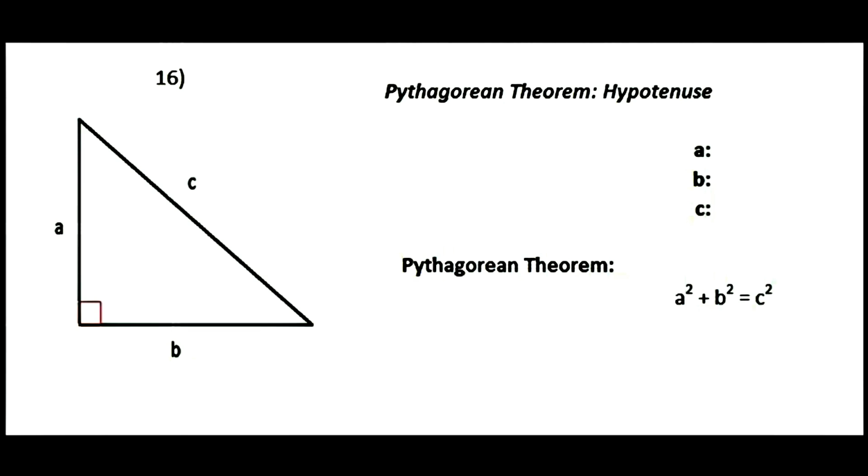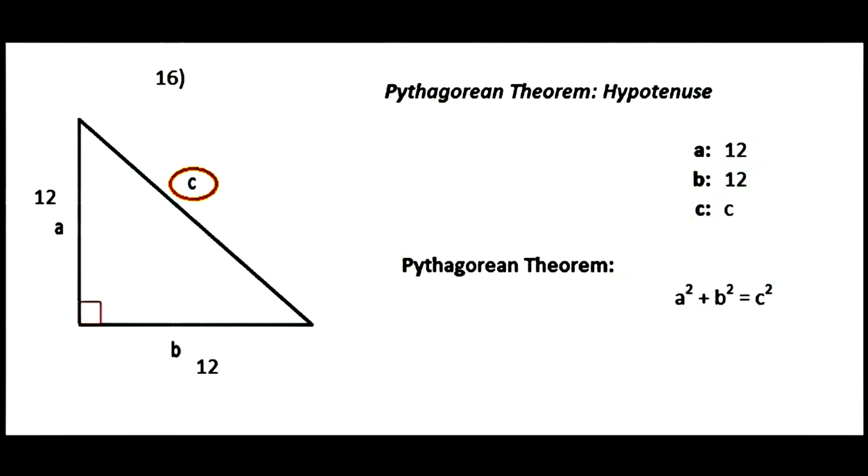Let's start with an old-fashioned one. This is number 16. Number 16 starts off with A, B, and C, and this is a right triangle, so we know we're using A squared plus B squared equals C squared. We're looking for C, and we know that A and B are 12 and 12, in inches. I didn't put the units in, but it's in inches.